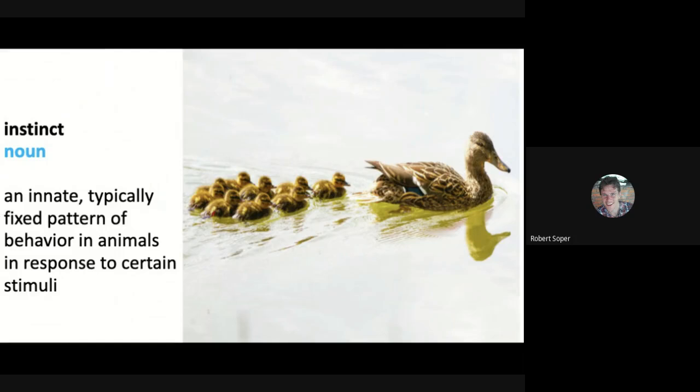If its web doesn't work, it has to spin another web and another web. That's the only way it knows how to catch food. So that's part of its instinct. So try and use this word instinct in your own sentence. Try and think about what instincts humans might have.